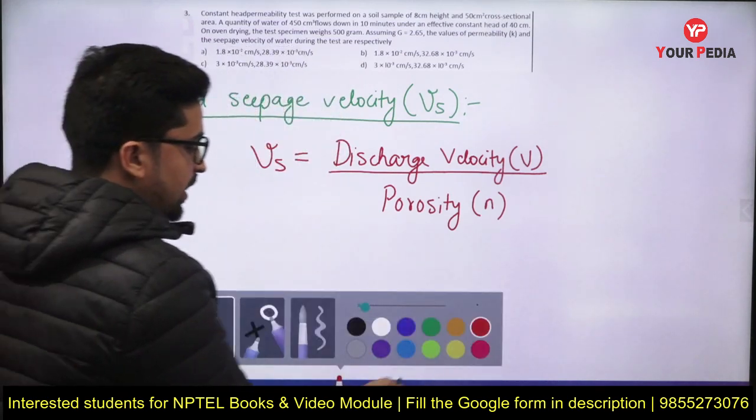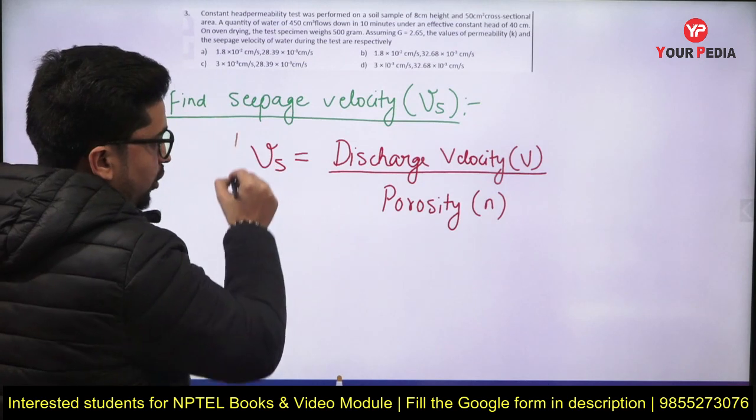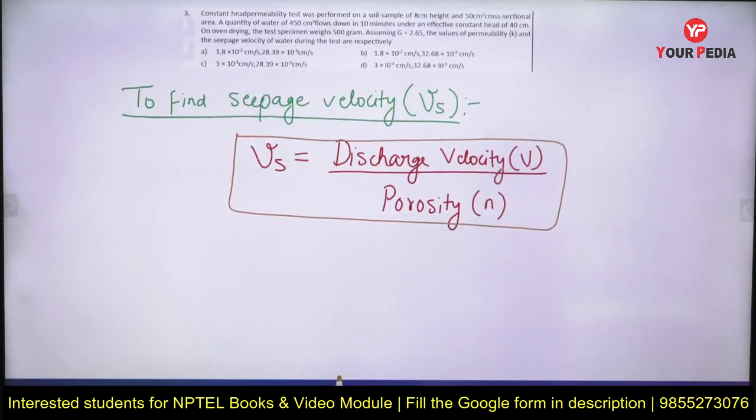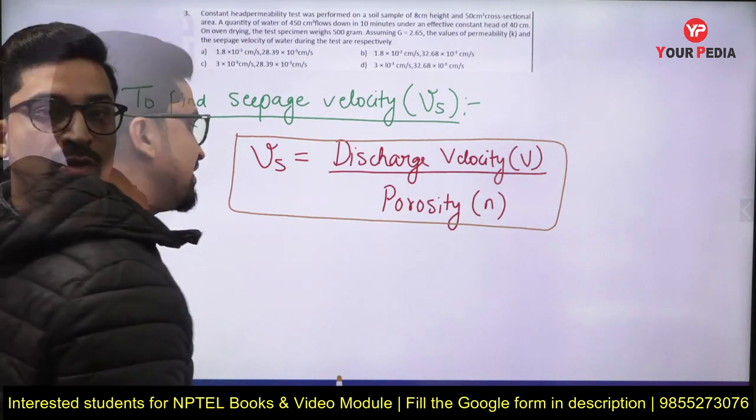This is the equation used to calculate the seepage velocity of water seeping through the soil, right?